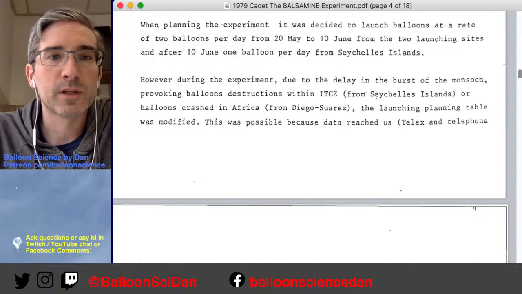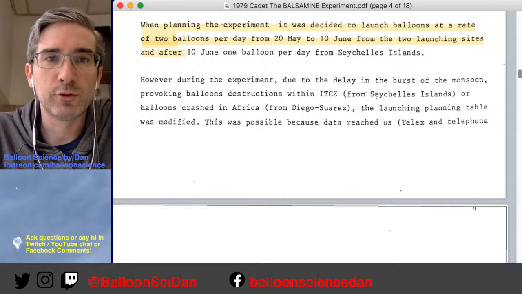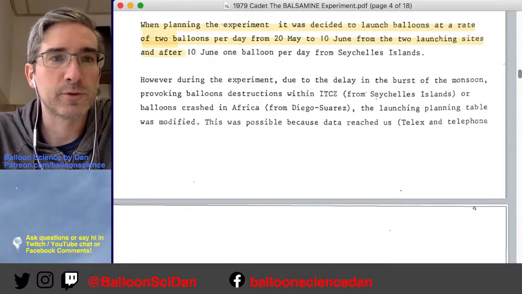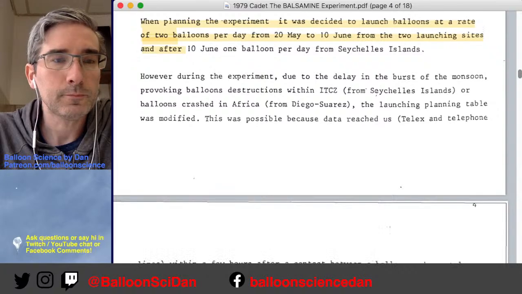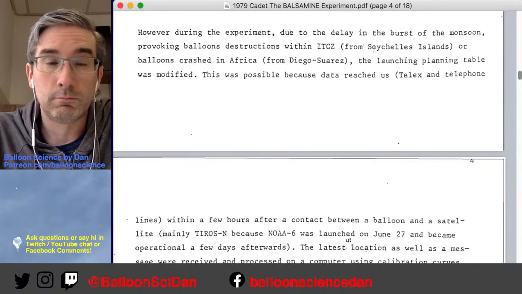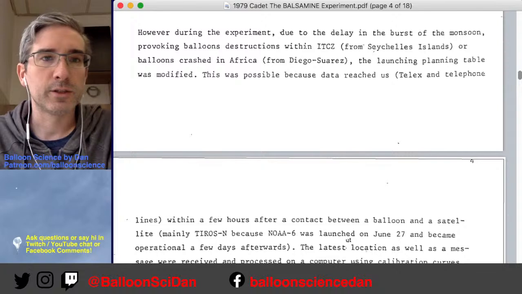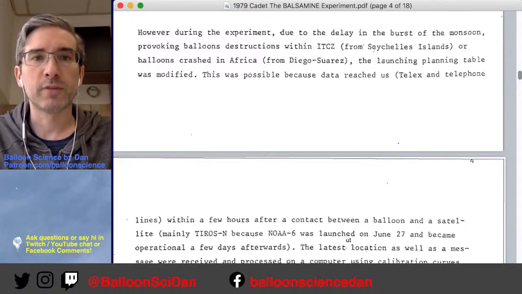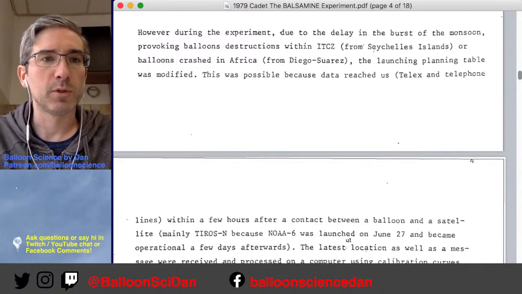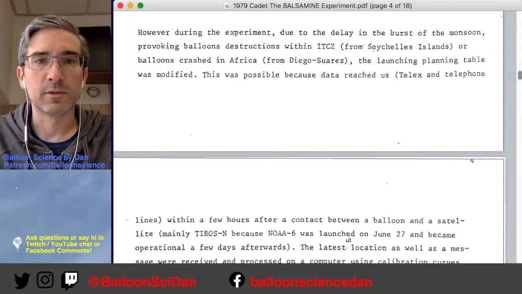When planning, it was decided to launch balloons at a rate of 2 per day from 20 May to 10 June from the 2 launching sites, and after June, 1 balloon per day from Seychelles. However, during the experiment, due to the delay in the burst of the monsoon, provoking balloons' destructions within the ITCZ from Seychelles Islands, that's the Intertropical Convergence Zone, I think.